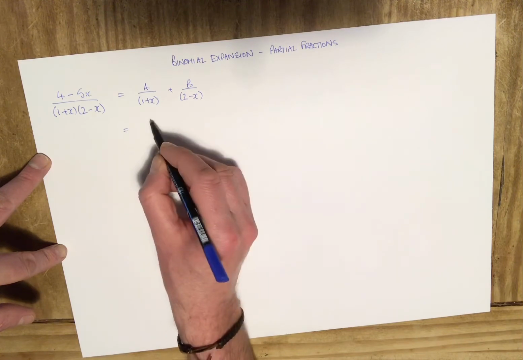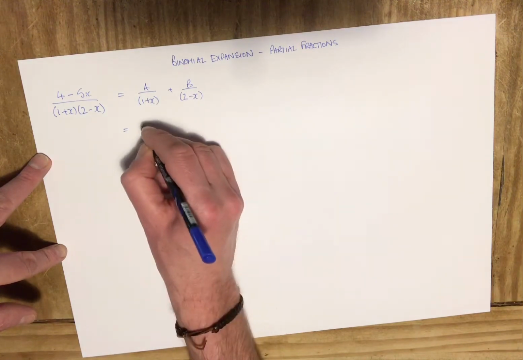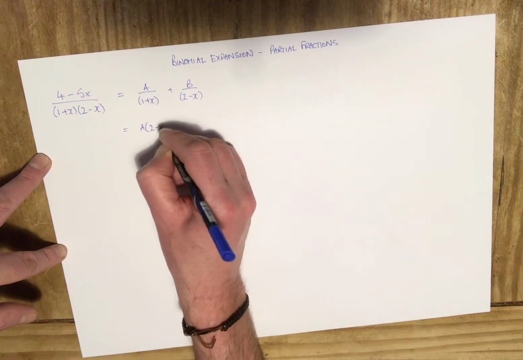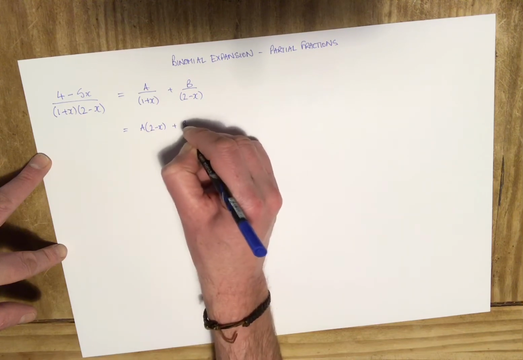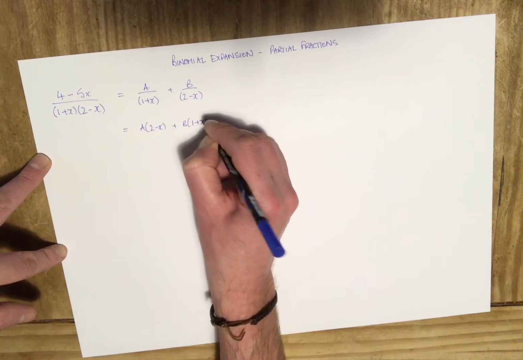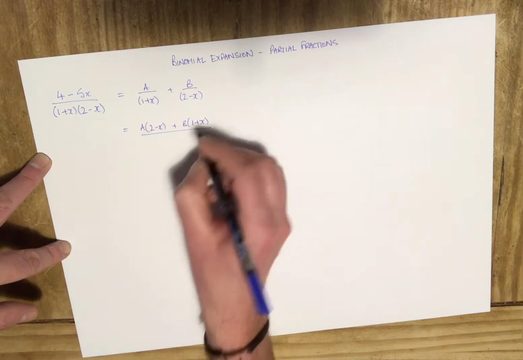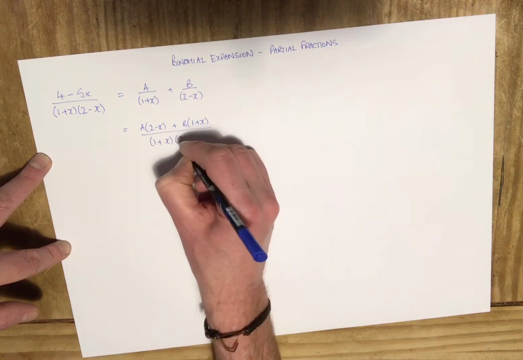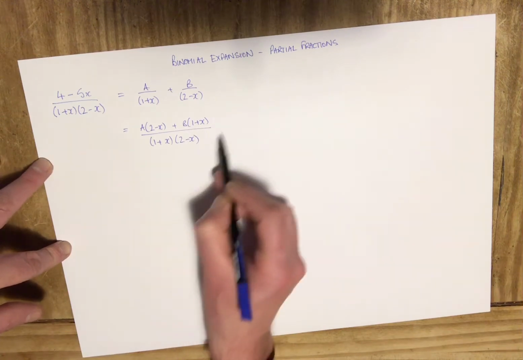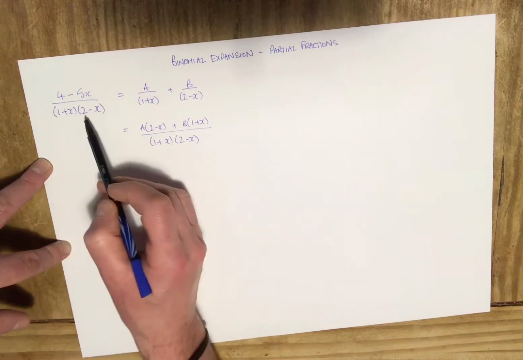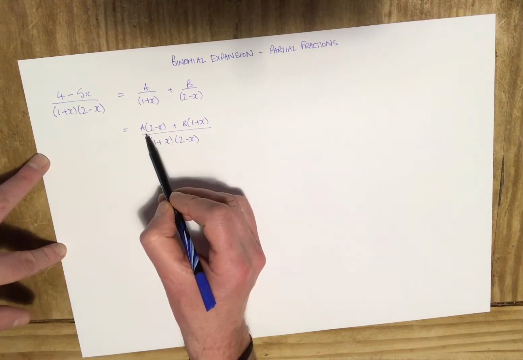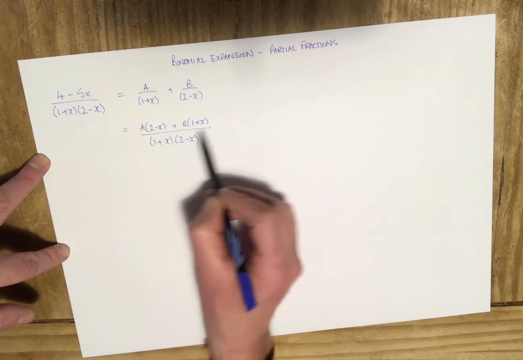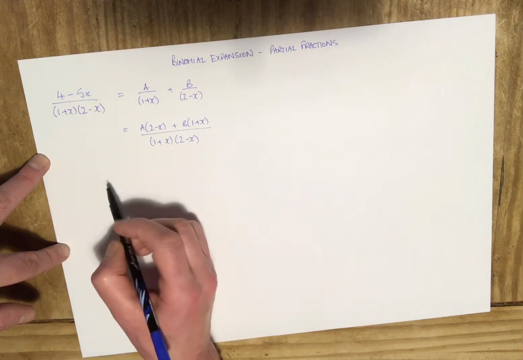So adding these two together, you get a times 2 minus x plus b times 1 plus x, over 1 plus x, 2 minus x. So this has to be the same as that. Just looking at the numerators, this numerator therefore has to be the same as that.